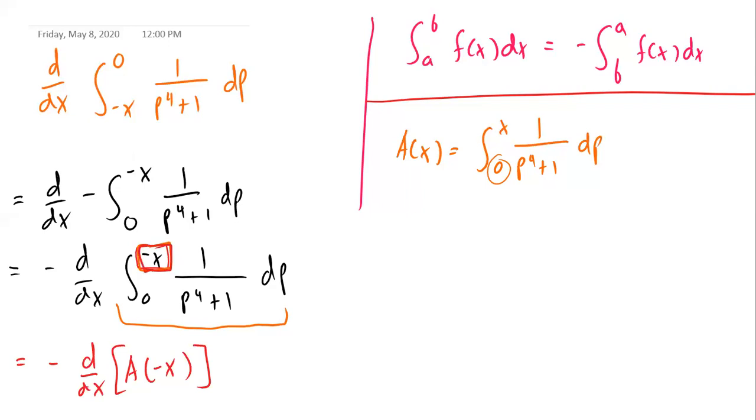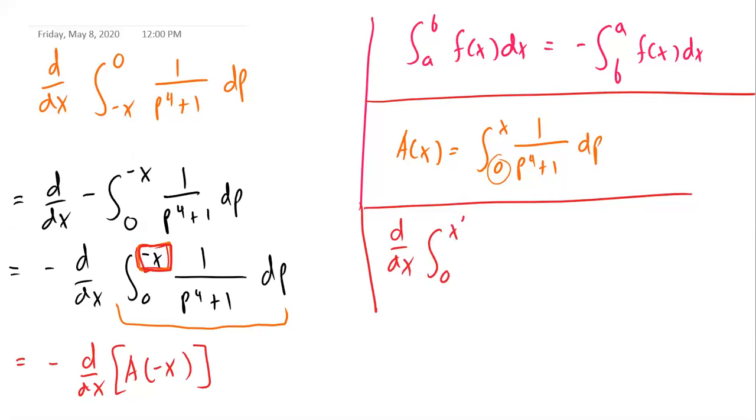So for example, just to make this point clear, if you had d dx of the integral from 0 to, let's say, x to the fourth plus cosine x, that's an expression involving x. How could we rewrite this in terms of the area function? Well, this would be the derivative of the area function composed of whatever expression of x you have.